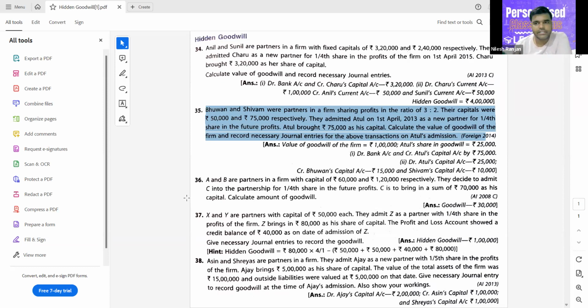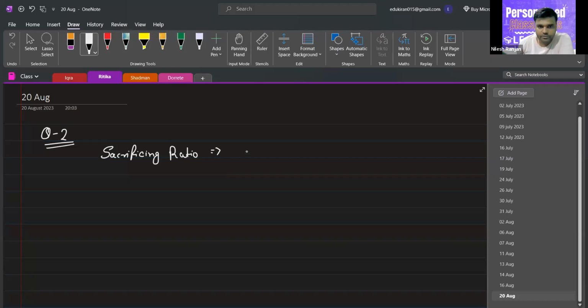It is 3:2. Yes, it is case one of change in profit sharing ratio when we have to calculate new ratio or sacrificing gaining ratio. So in this case, the sacrificing ratio is same as the old ratio. So our sacrificing ratio is 3:2.